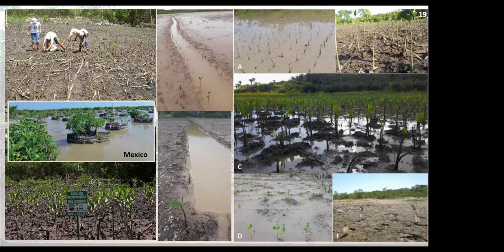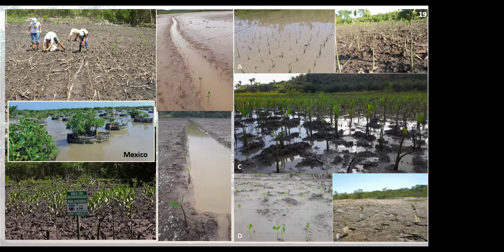It's important to stress this, the only image from Mexico. Mangroves cannot live in permanently flooded areas. So if you have an area that you need to restore, but it is now permanently flooded, you need to raise the mangroves, the plants, up from this flooding.